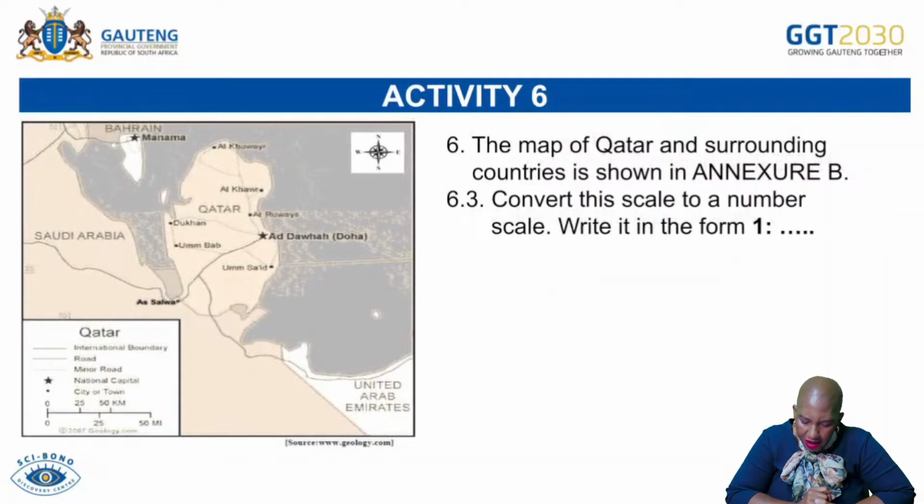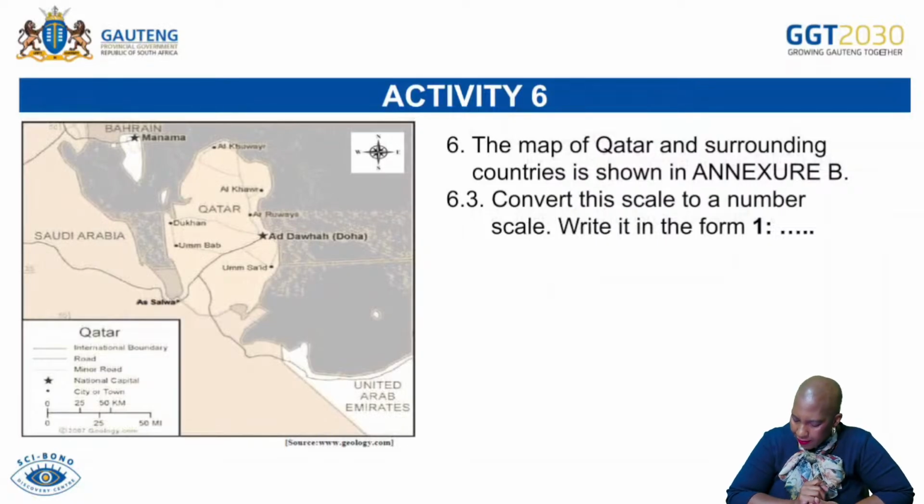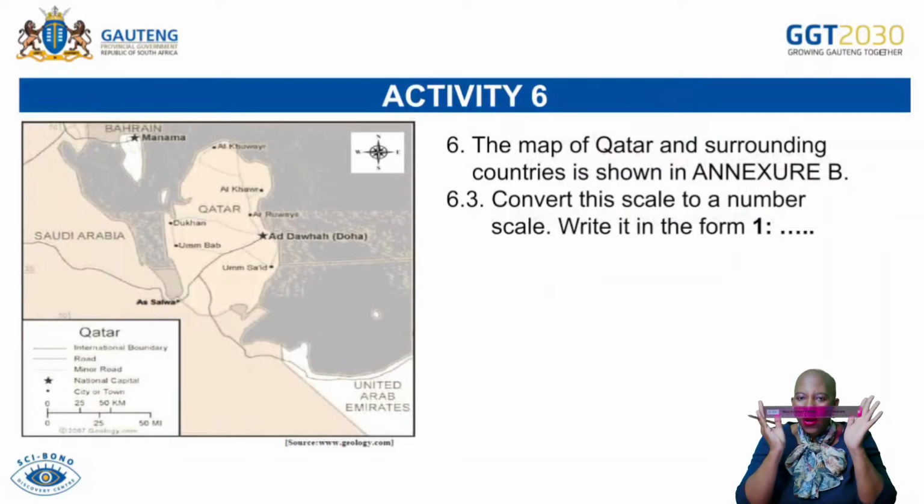The map of Qatar and surrounding countries shown in Annexure B: convert the scale to a number scale. Write in the form of 1:2. Remember, what did we say with this one, boys and girls? We use what we call a ruler.